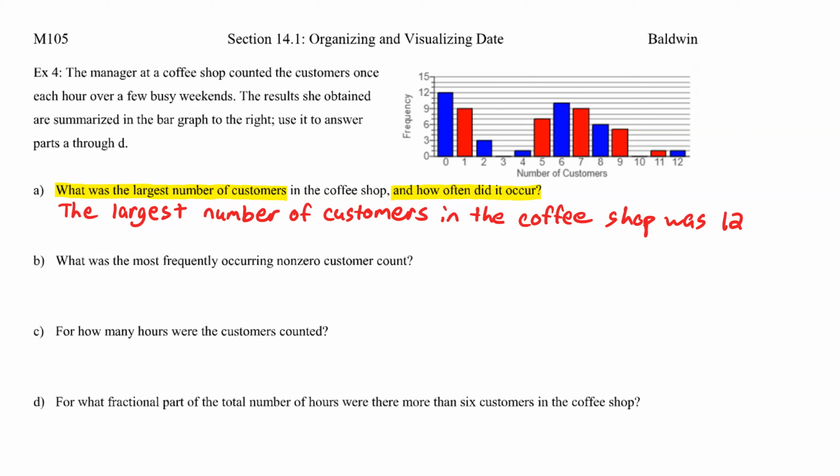So what we can do is figure out the frequency for each of these different classifications, because there are some other parts of this question where we're going to need that information. There were 12 times where they found no customers to be present. There were 9 times they found 1 customer, 3 times there were only 2 customers. There was never a time where there were only 3.